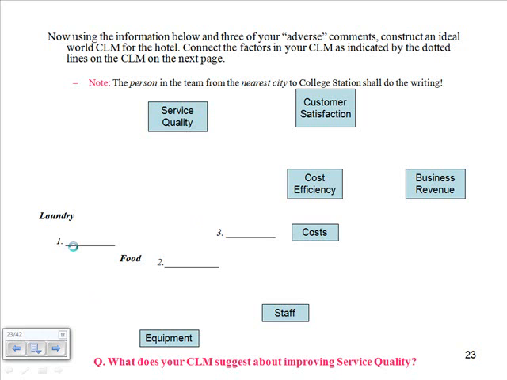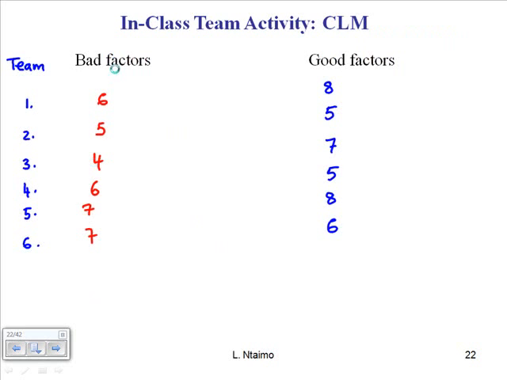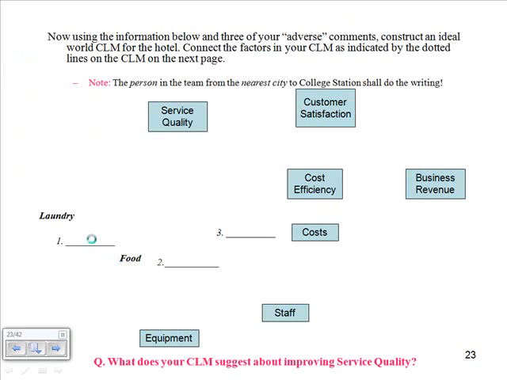And you're going to choose 3 factors. So you had a list of bad factors, okay? So everybody has at least 3 bad factors. You're going to choose 3 bad factors. You're going to put 1 here, 1 here, and 1 here. Just drop the pejorative term.